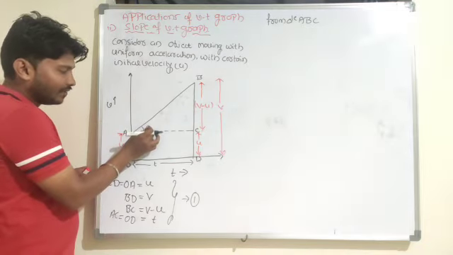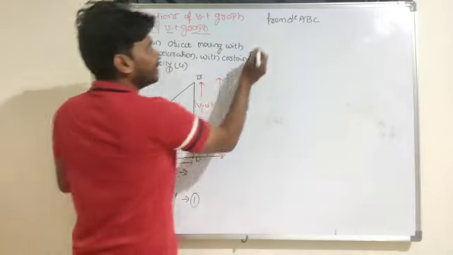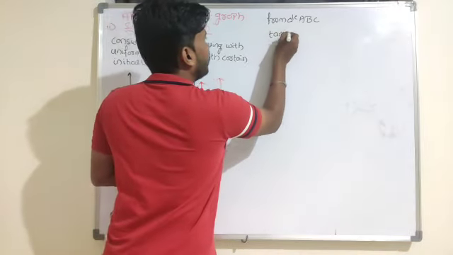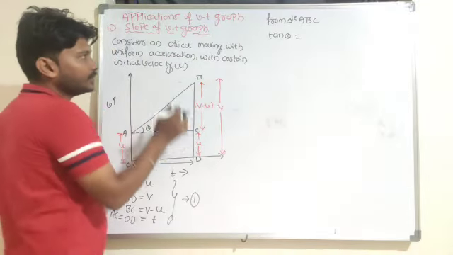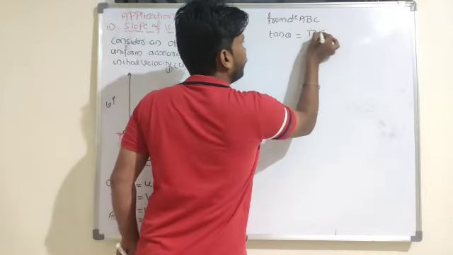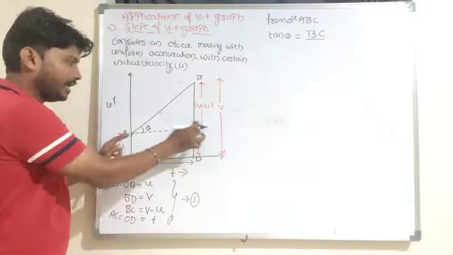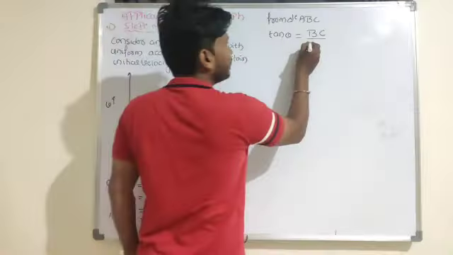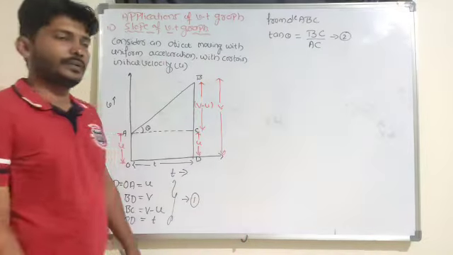This is the theta value. Tan theta is equal to the opposite side, BC, divided by the adjacent side, AC. Let it be equation 2.